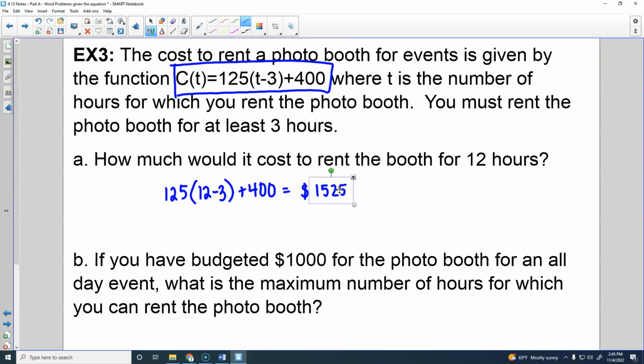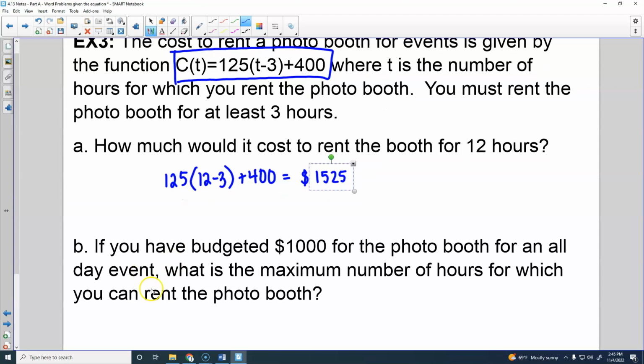Okay, so if you are talking to the photo booth lady and you say, I want this photo booth for 12 hours, and she's like, oh, fine, that'll be $1,525. And you're like, oh, crap, I don't have that much money. Hold on, back up. I only have $1,000. How long can I get this photo booth is the question that you want to ask her, right?